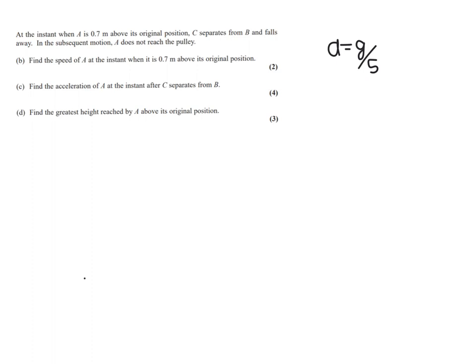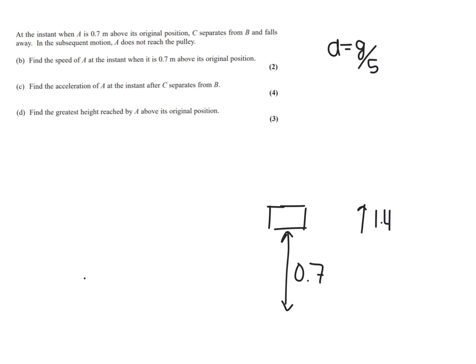That acceleration trying to pull it down will slow it first. So A is at a point where it's 0.7 meters above the ground, moving at a speed of 1.4 meters per second.